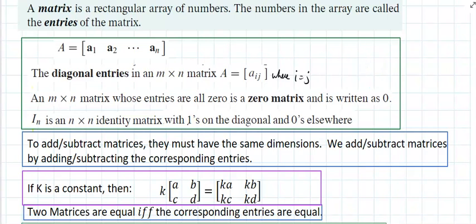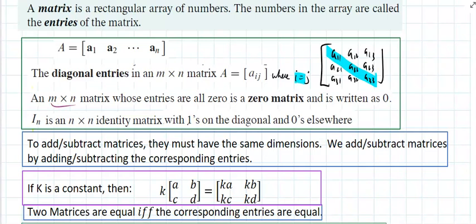I messed up big time. Let me do it again. Start over. A11, A12, A13, A21, A22, A23, A31, A32, and A33. The diagonal entries will be where i and j are equal. Basically, you come just straight across the diagonal like you would a rectangle.